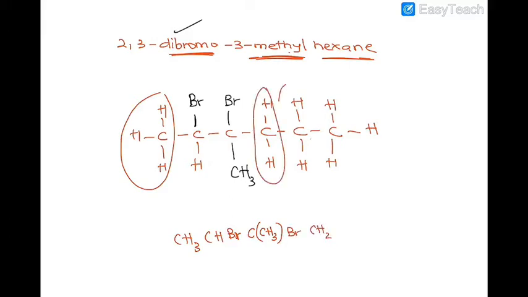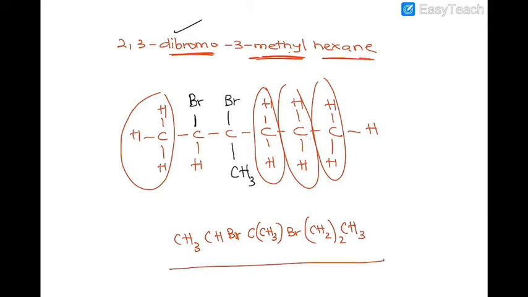So there's 1 CH2, 2 CH2, 3 CH2. So CH2 twice and then 1 CH3 here. So this is what the condensed structural formula would look like. Never try to write the structural formula directly from the name. Use the name, draw the full displayed formula, and then you move on to here.